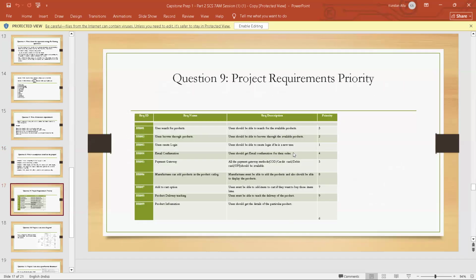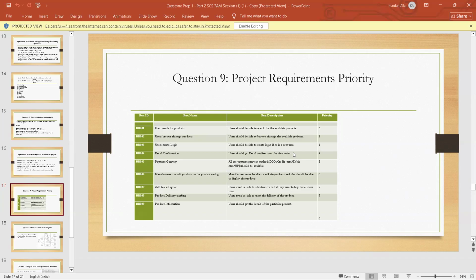Coming to the ninth question, project requirements priority. Whatever business requirements you are writing in the document, you need to write the description of that requirement, and after that you need to give the priority. Why give the priority? You need to know what needs to be built first.